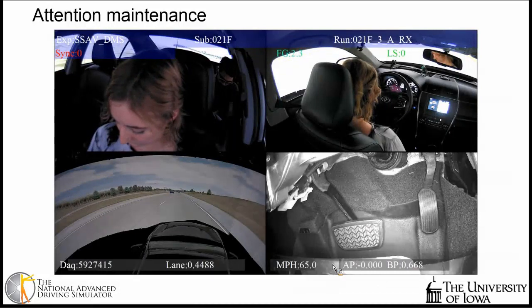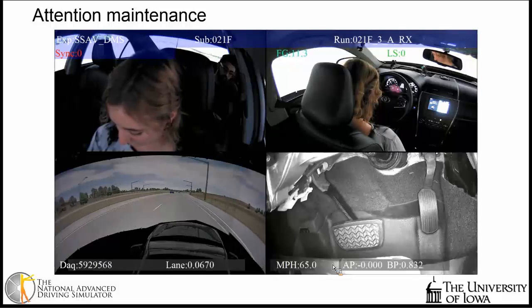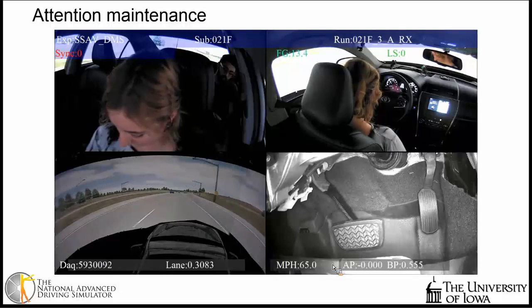So I'm going to show examples of what each of those look like here. This is our attentional maintenance group. You're going to see here that she's going to receive those messages as she's looking away.